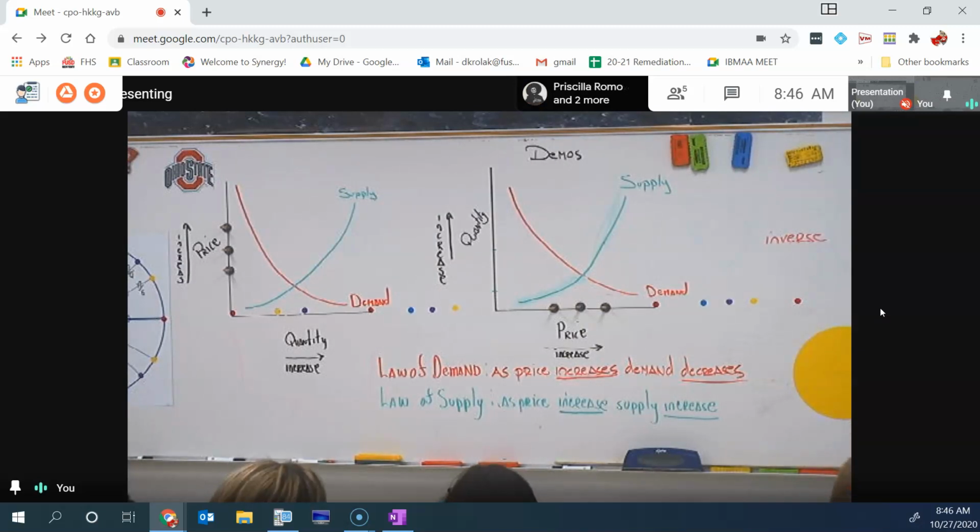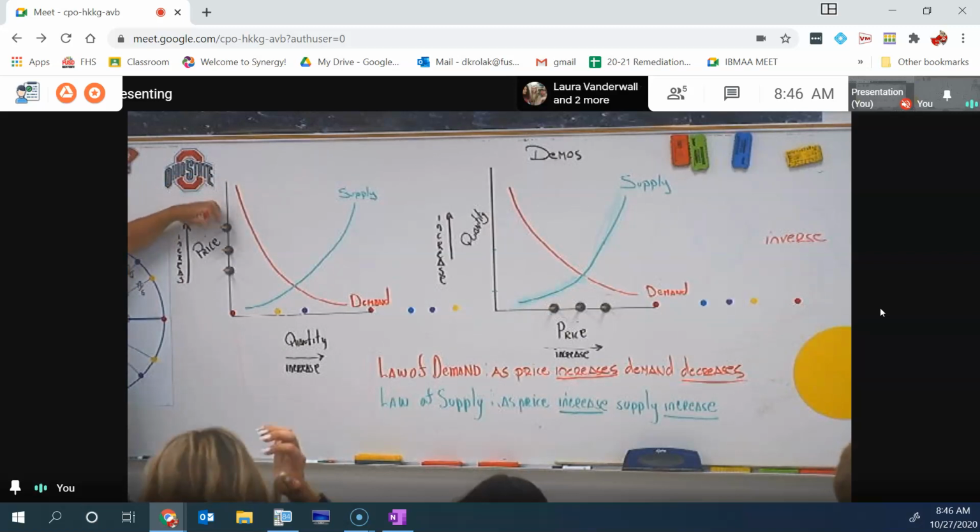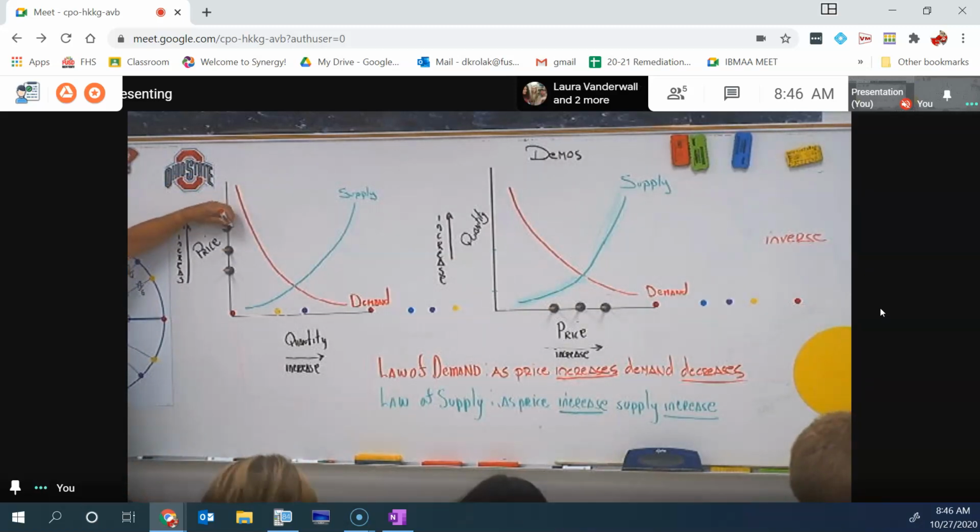Okay, all right, so when you're looking at a supply and demand curve, you look at the demand. All right, here, if I was looking at a point, let's say right here, I was looking at this price. I'm just going to make up a price, say $3.